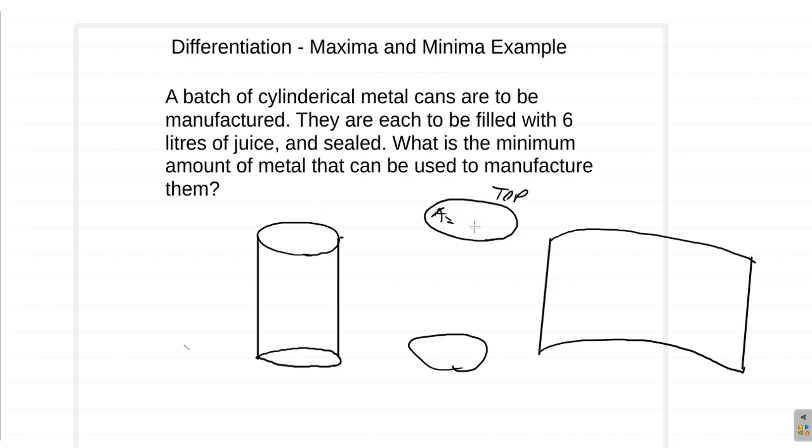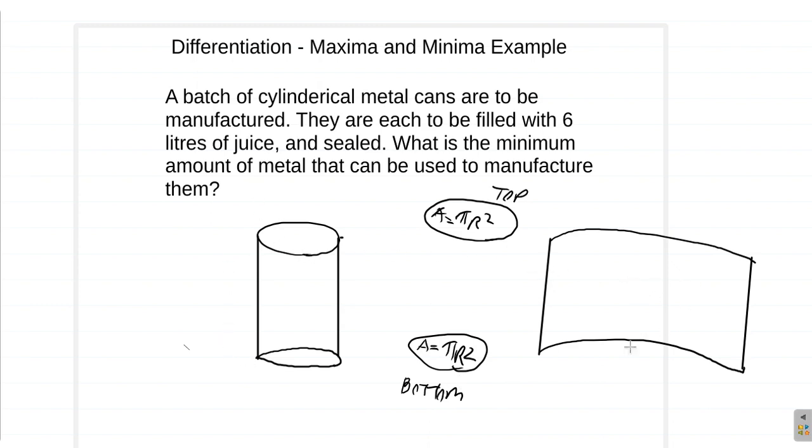The area is equal to, what is a circle? So the area is pi r squared. What's the area of the bottom? The area is also pi r squared. r will be the radius. So you have to remember that the area of a circle is pi r squared.